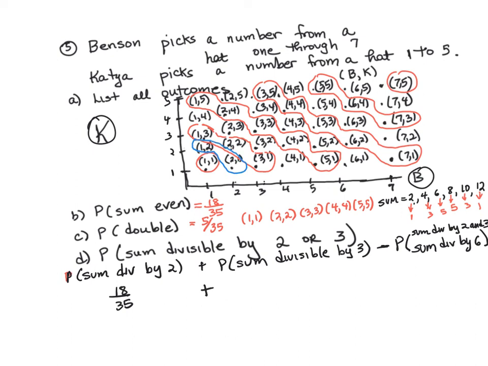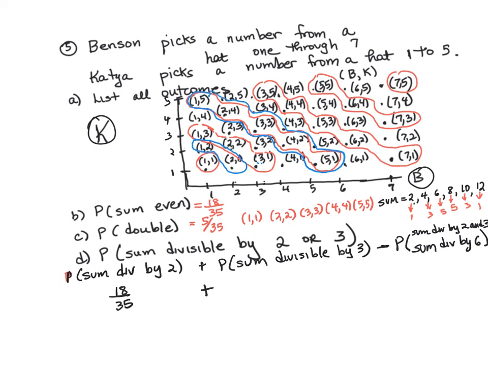So let's see. This diagonal doesn't match. This is a sum of 4. No. The next diagonal is a sum of 5. No. But the next diagonal is a sum of 6. So this is where we will have our overlap. We can see that we have an overlap.